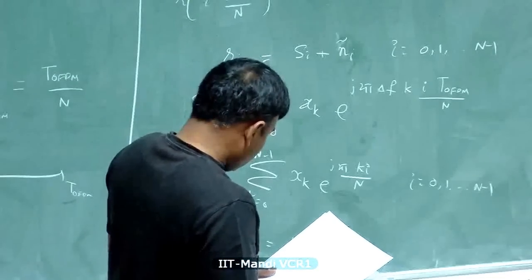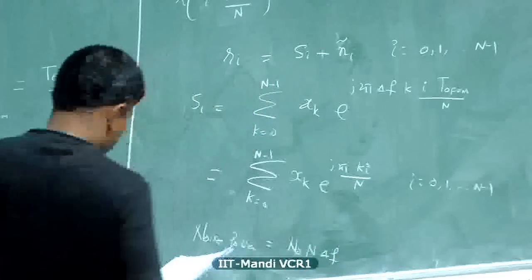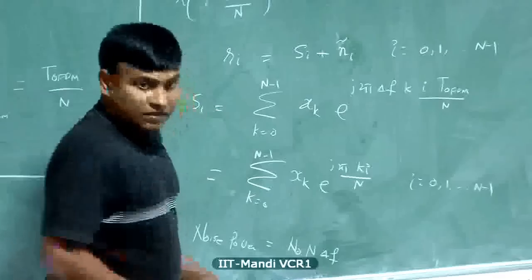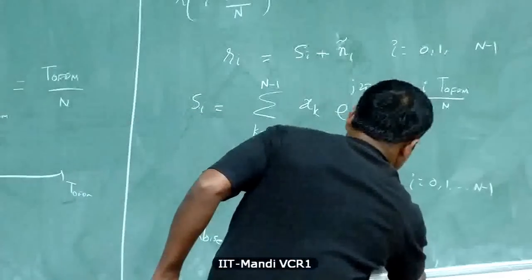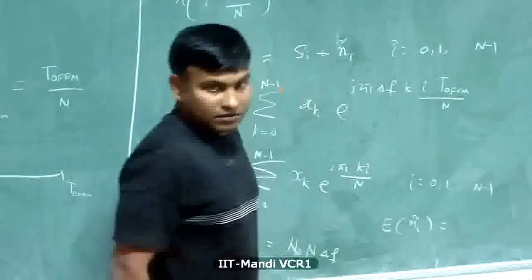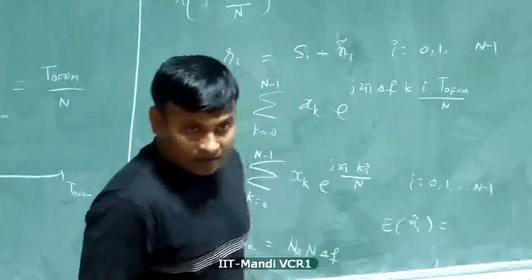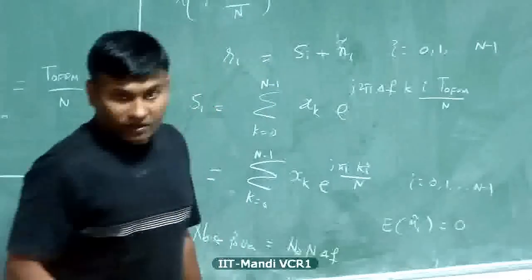Now we already said that the noise samples at the ADC output are again additive white Gaussian noise, but discrete time in nature. So the expected value of N tilde i, the mean of the noise samples, is equal to 0 because it's a zero mean process.